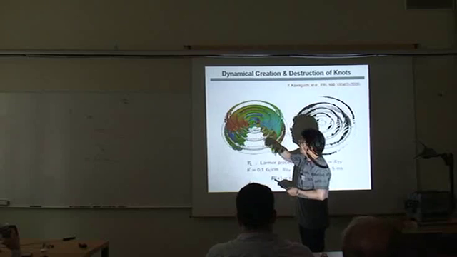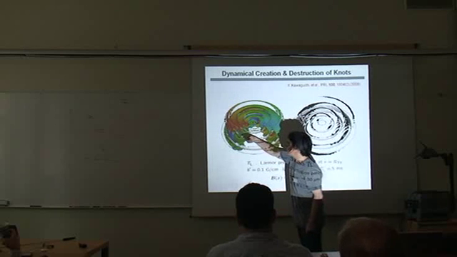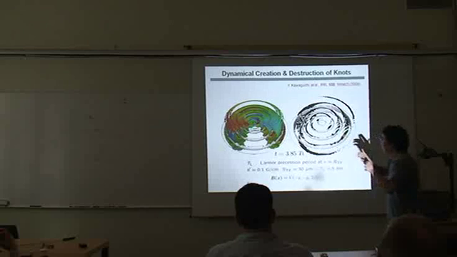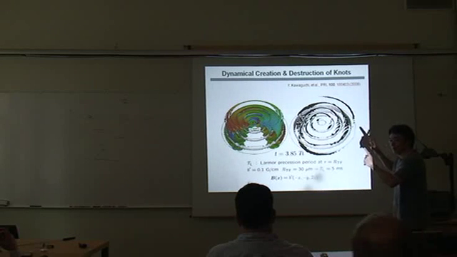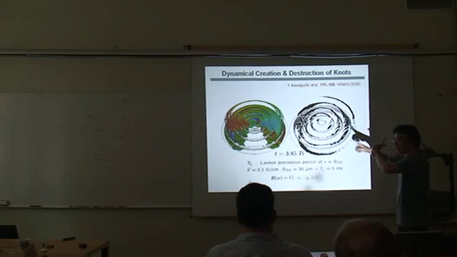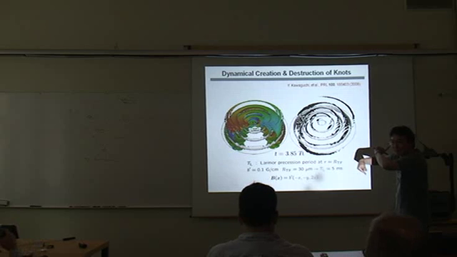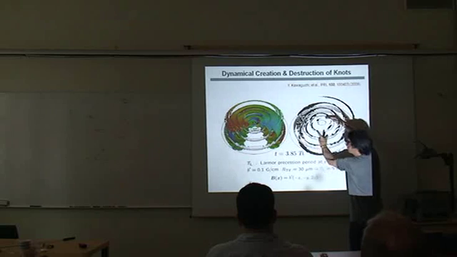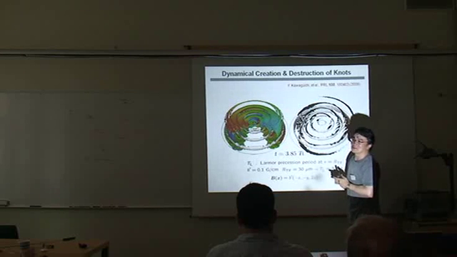For example, this color shows X direction, this color shows Z direction. Because of the quadrupolar magnetic field, local spin direction rotates in time. As they rotate in time, those rings enter.